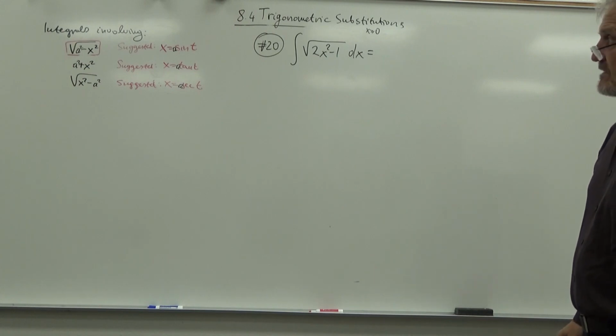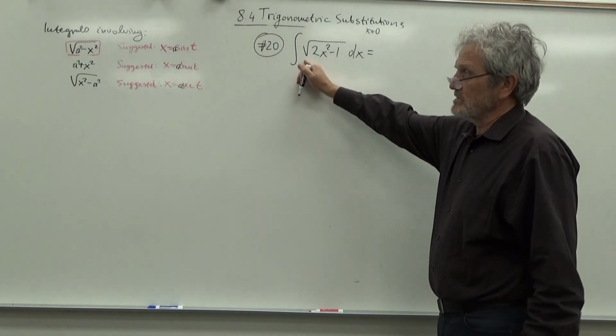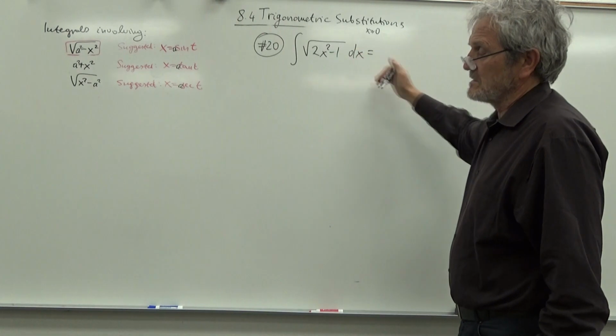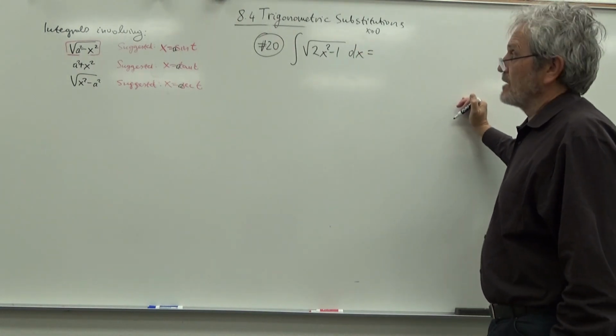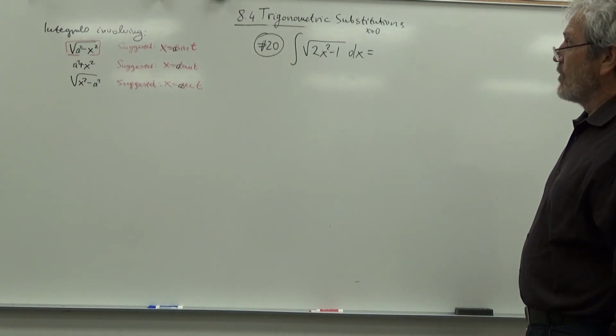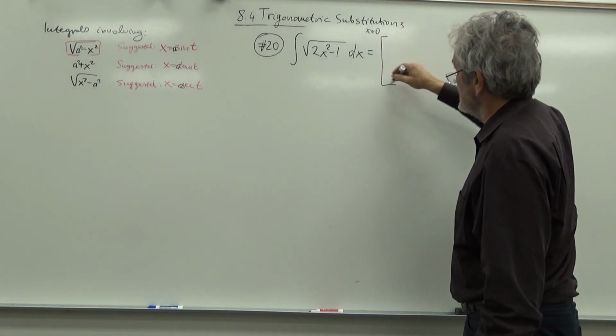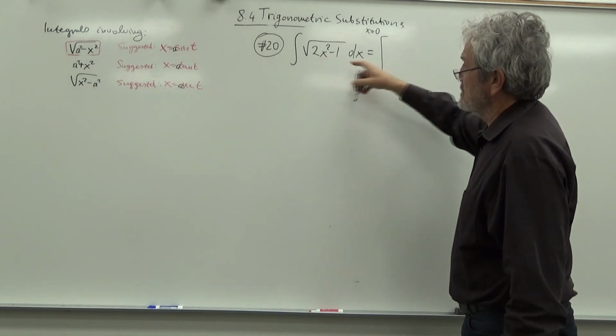We are used to having x squared. You can handle this in 2 different ways. One of them is to pull out the square root of 2, since 2 becomes square root of 2 when it's pulled out. Or just adjust the substitution. So the main thing is that these two match.